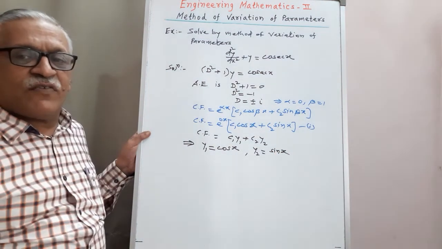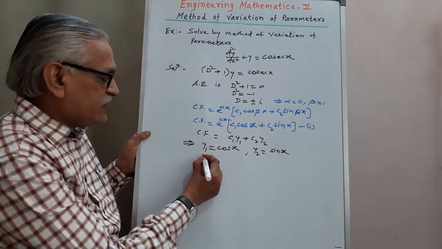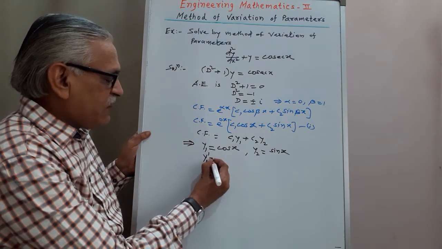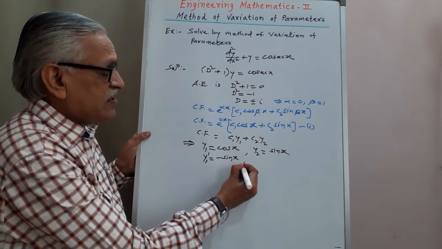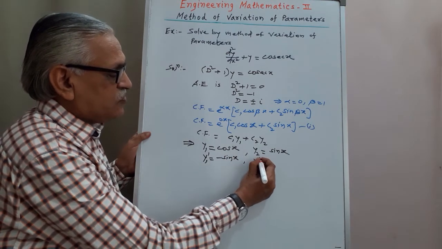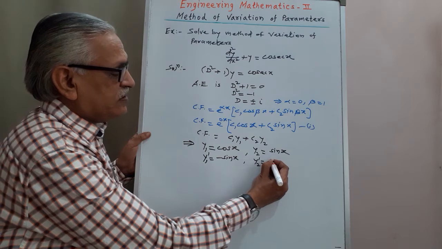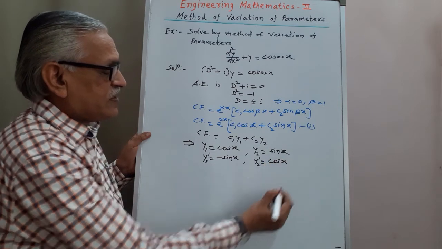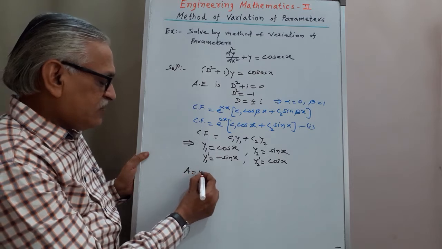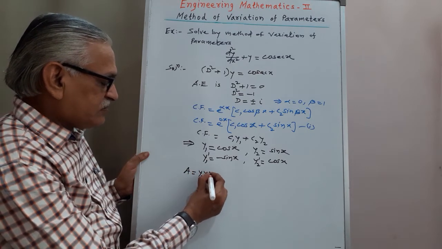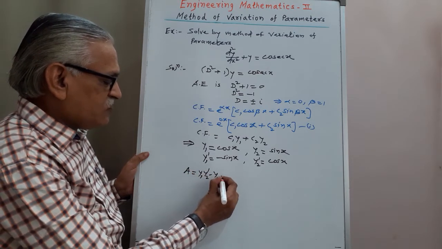These are the values of y1, y2. Then differentiating with respect to x, we get y1 dash, the derivative of cos x, as minus sin x, and y2 dash as cos x. Then we find capital A as y1 y2 dash minus y2 y1 dash.